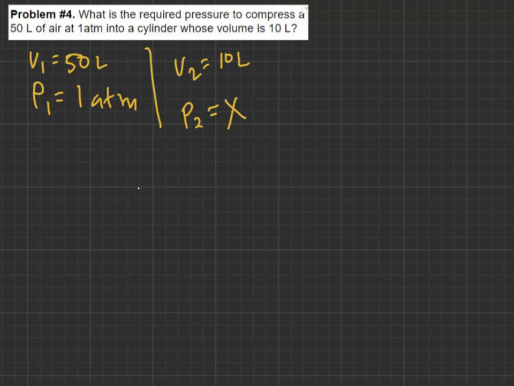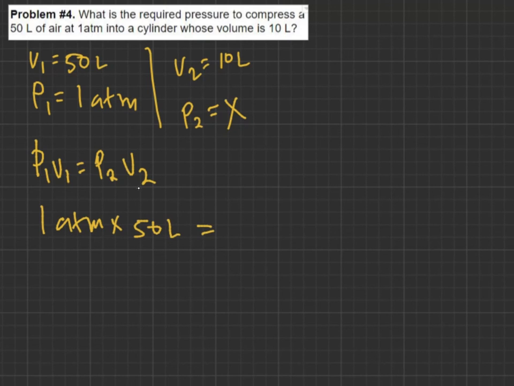So Boyle's law is given as P1 V1 equals P2 V sub 2. Okay, let's plug in the values. So P1 is 1 atmosphere multiplied by V1, which is 50 liters, equals P2 V2. We have our P2 as our unknown multiplied by the volume 2, which is 10 liters.